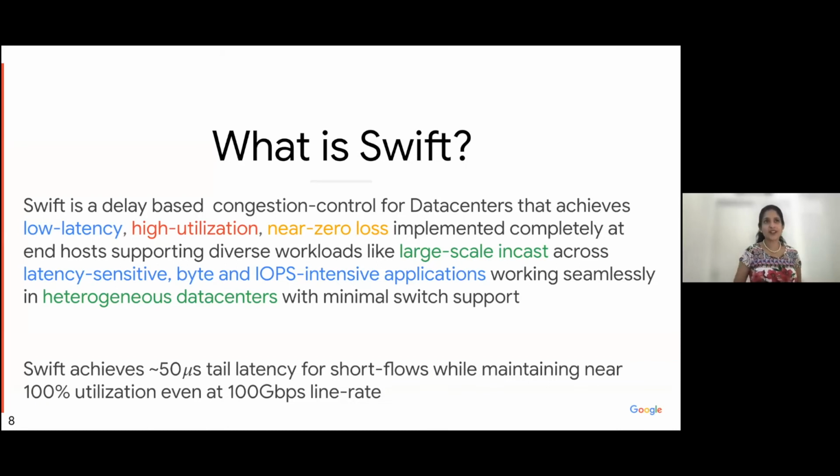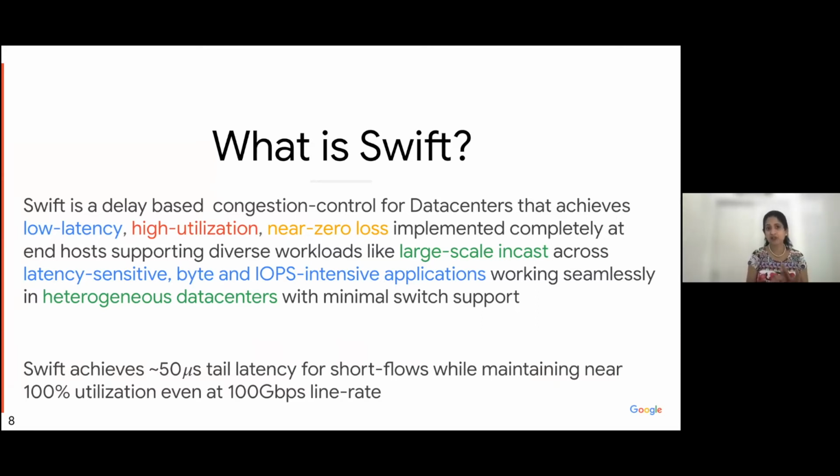So what is Swift? Swift is a delay-based congestion control for data centers that achieves high utilization, high bandwidth, low latency, near zero packet loss. It's implemented completely in end hosts, supporting a diverse range of workloads, even under pretty stressful traffic patterns like large-scale incasts, across latency-sensitive applications, byte-intensive applications, and IOP-intensive traffic, working in heterogeneous data centers.